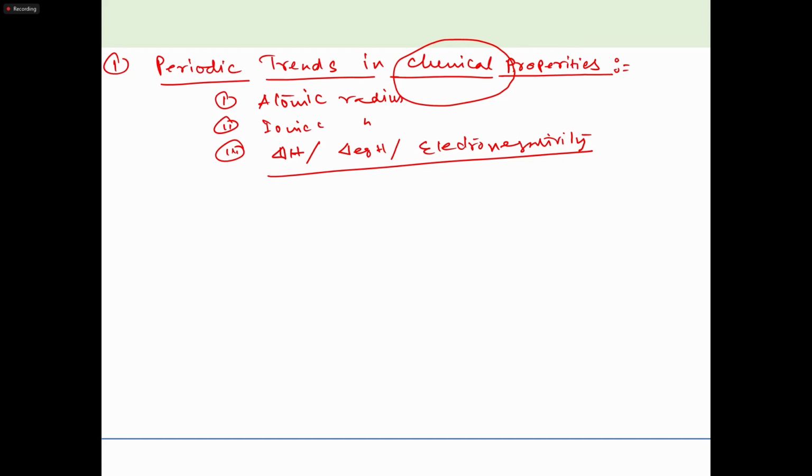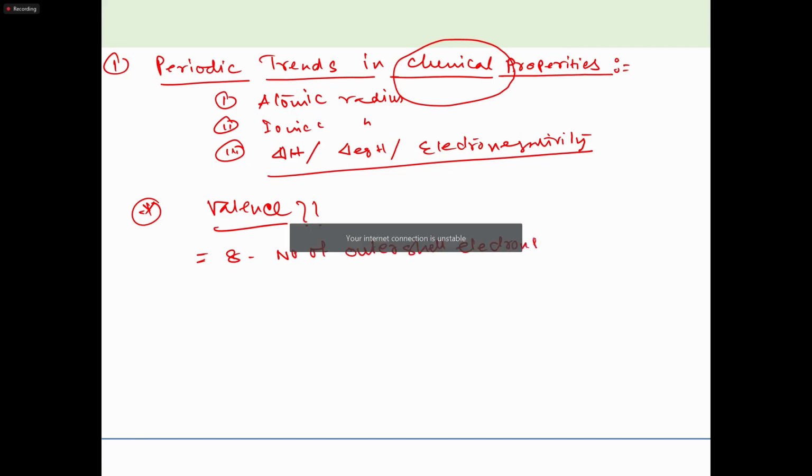To know about that, first of all, we will learn about the number of outer shell electrons. So this is the valency of an element.